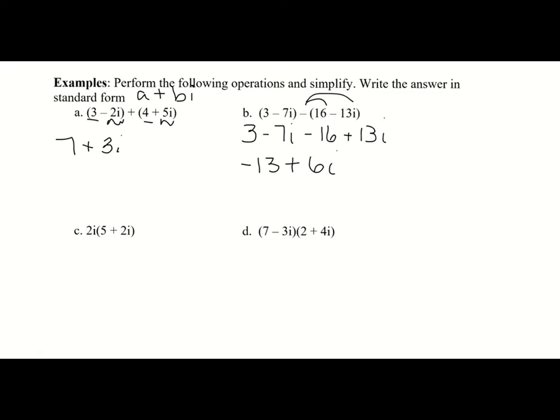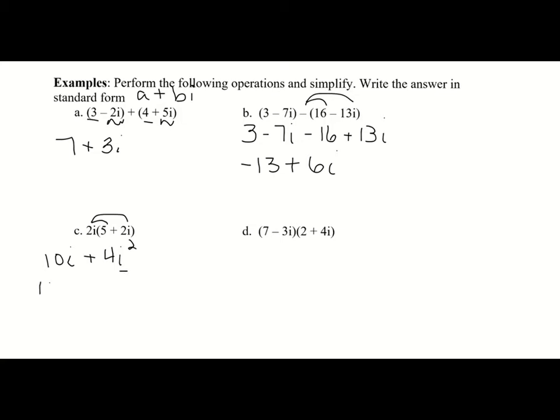Now for c, we are going to multiply here, and we can again multiply unlike terms. So 2i times 5, 2 times 5 is 10, and then we'll keep our i there, plus 2i times 2i will give me 4i squared. But as I talked about before with the multiplication, if you end up with that i squared, that is a -1.